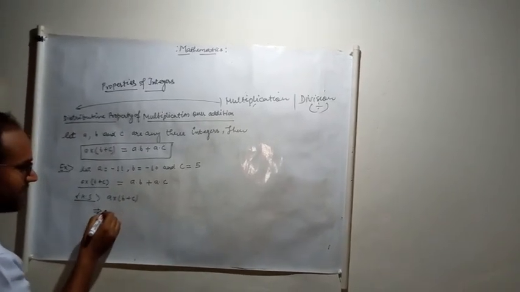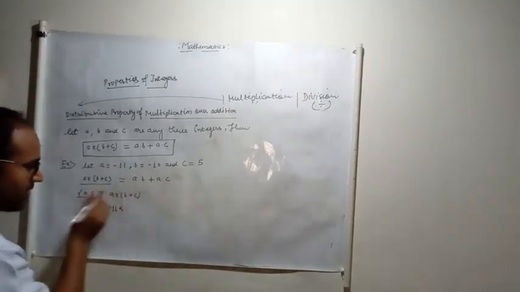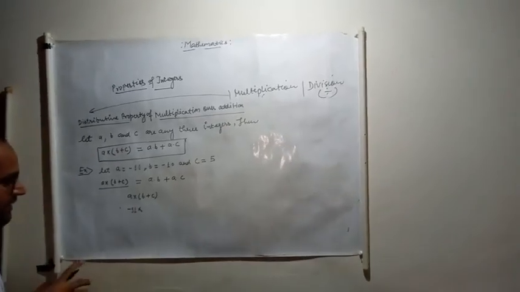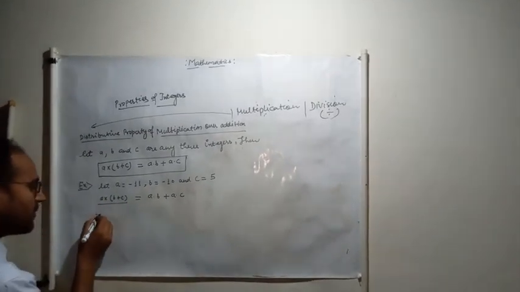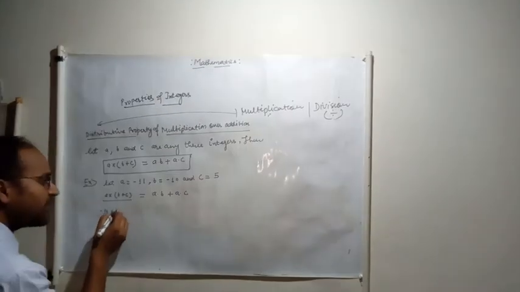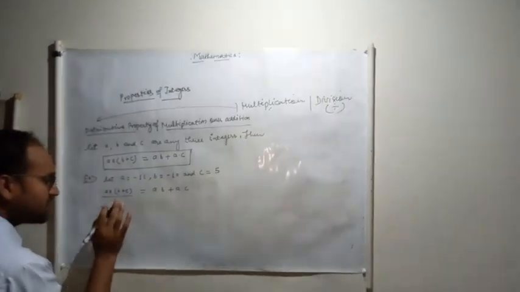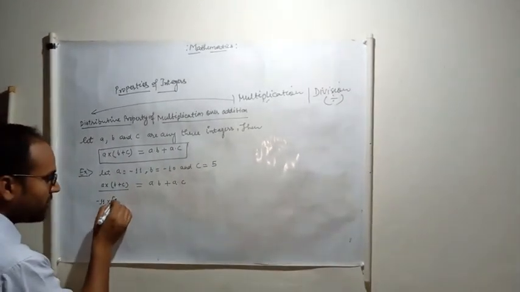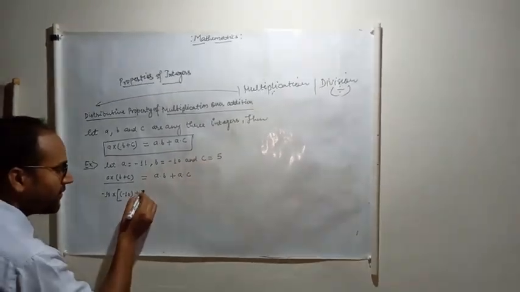A is minus 11 into... we are going to generalize this one in that form. We put the values here: minus 11 is multiplied, the value of B is minus 10, so we take a square bracket and put the value of B, minus 10, in a small bracket, and plus C, the value of C is 5.